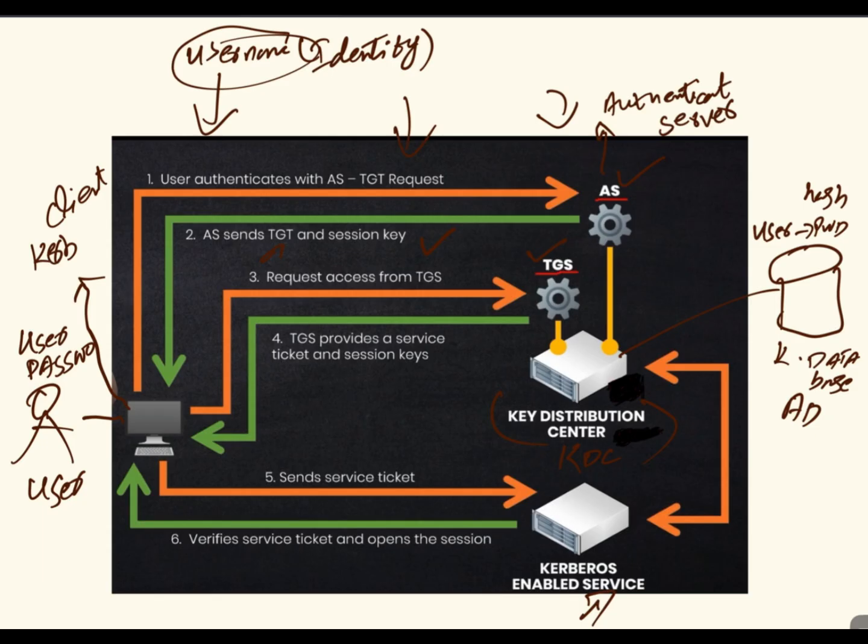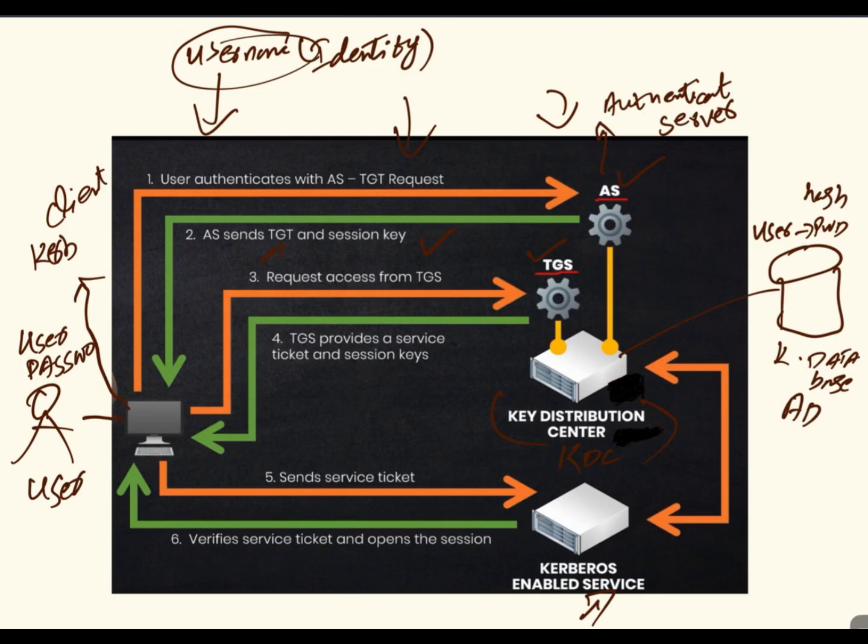Just one thing we need to understand: the session key is encrypted with the password derived key. That's enough for the CISSP exam. How it is internally done, we do not need to understand. The important thing is the session key is encrypted with the password derived key, right? So the password which is already in the database against that username.